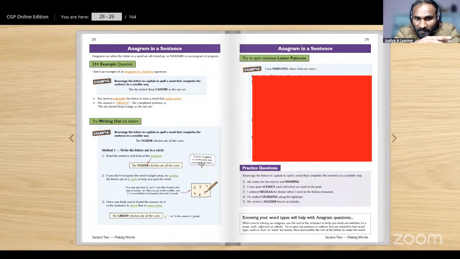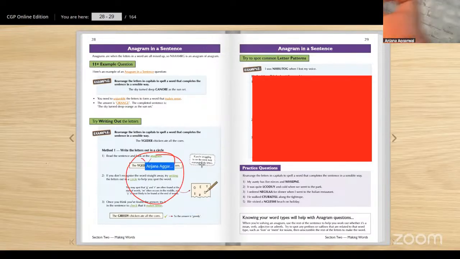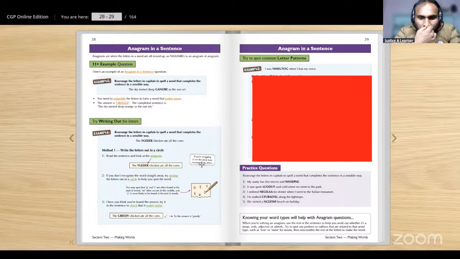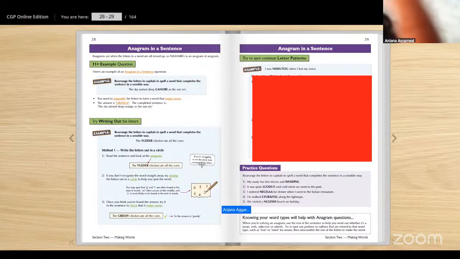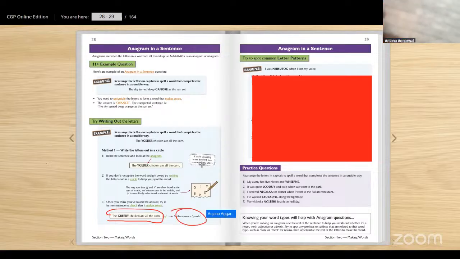Remember this thing when it says often. This can work as a trick. I played some word games where you have letters and have to match them up and find the word. So this is a bit like that, where you match it up, and that's the word greedy. The greedy chickens all ate the corn, so greedy is the answer.